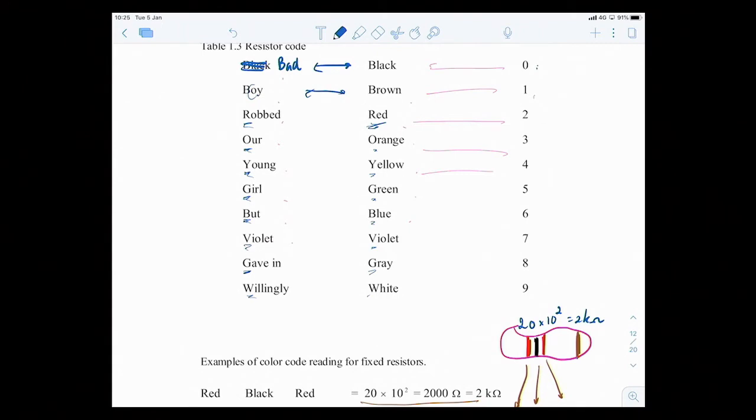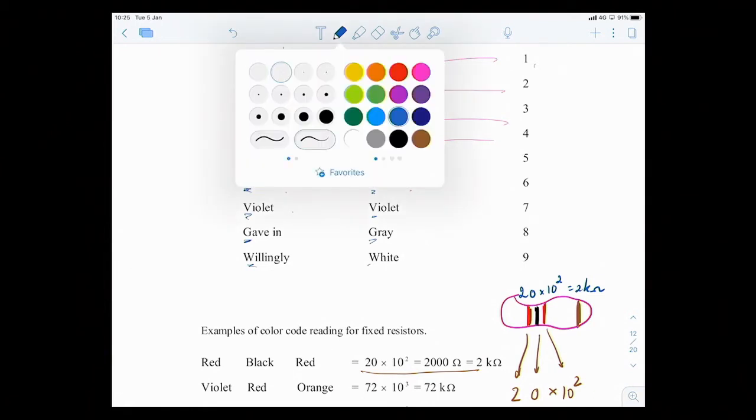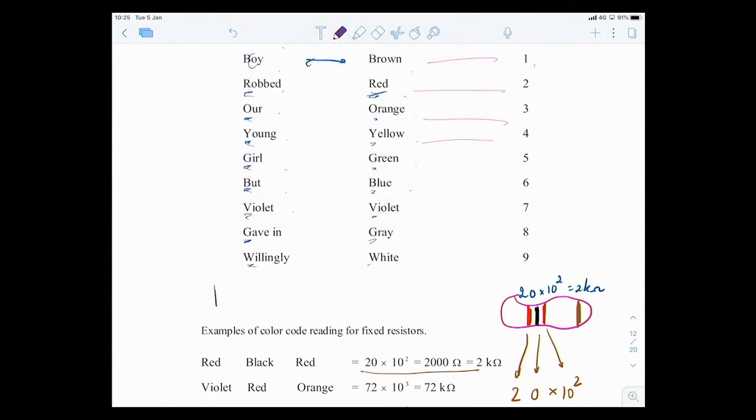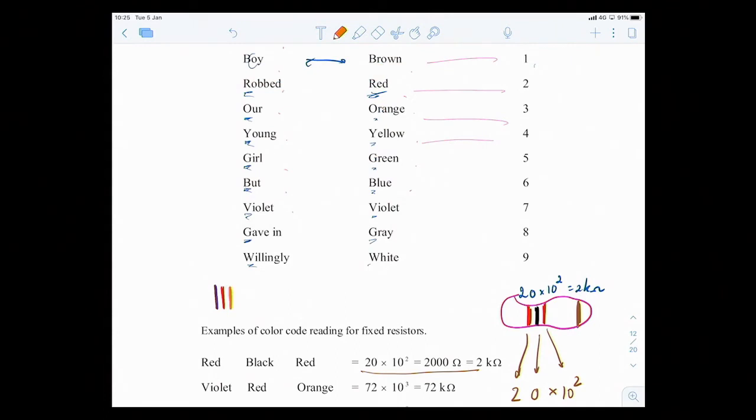If you get the colors embedded in your brain, you can guess the value of your resistors. For example, if you have violet, red, orange: violet is 7, red is 2, orange is 3, so times 10 to the 3.